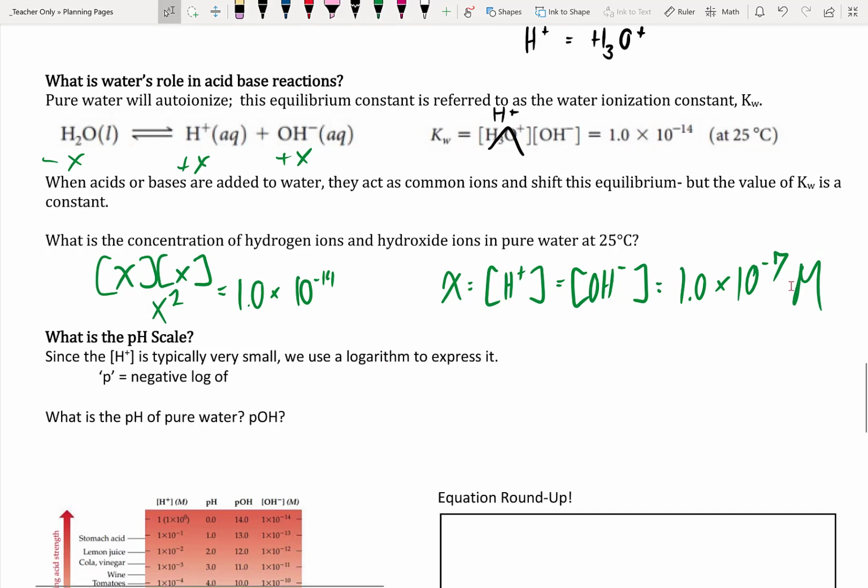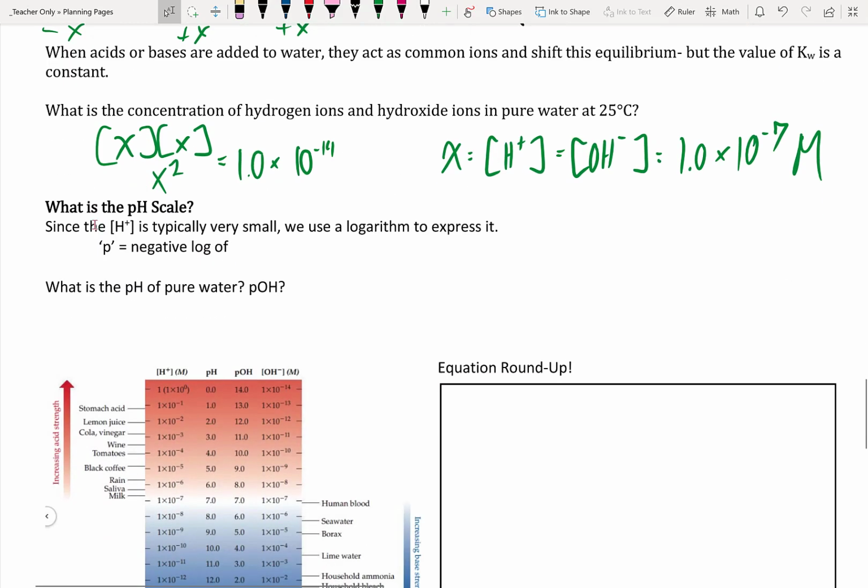Now, that's a small number, okay? H pluses are always going to be small numbers, but, you know, scientists don't really like small numbers. We do, they're fine, but if we can make it easier, we do. So we'll normally express hydrogen ion concentrations in terms of pH, where P means the negative log of, okay?